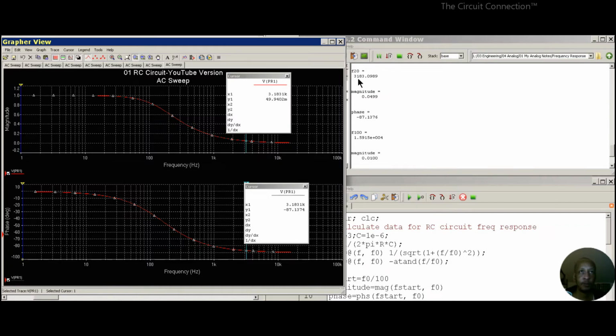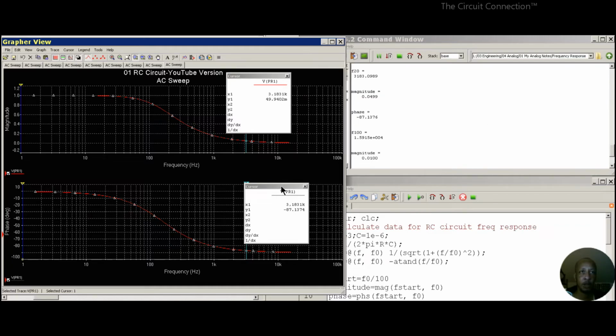So at F20, we have a magnitude of 0.0499. So that would be 49.9 milli. And what do we have over here? 49.9 milli with a couple more digits there. But 49.9, that is really, really good. That's a pass.